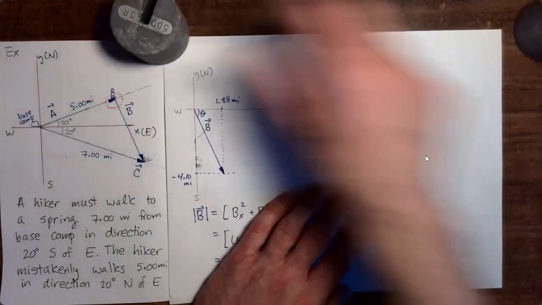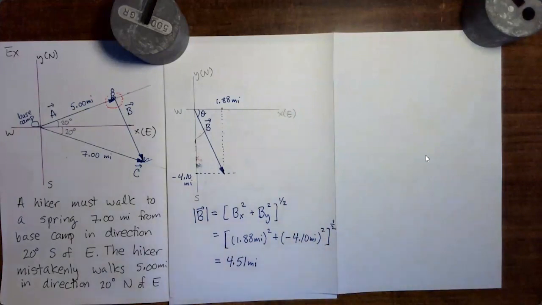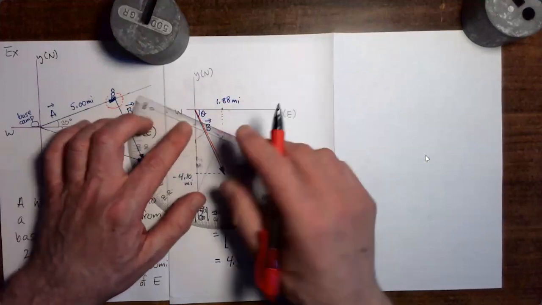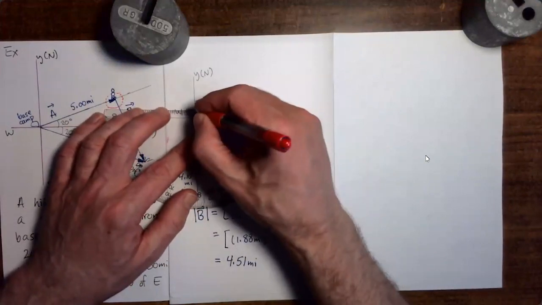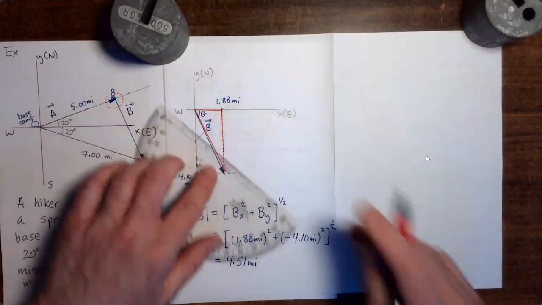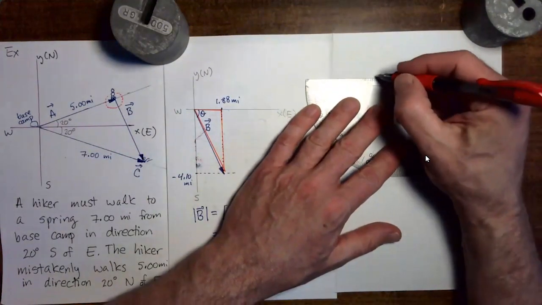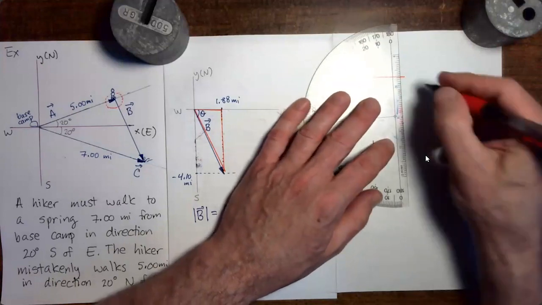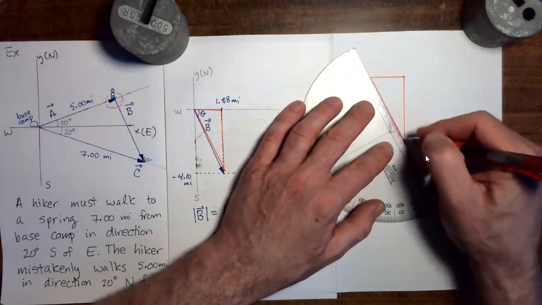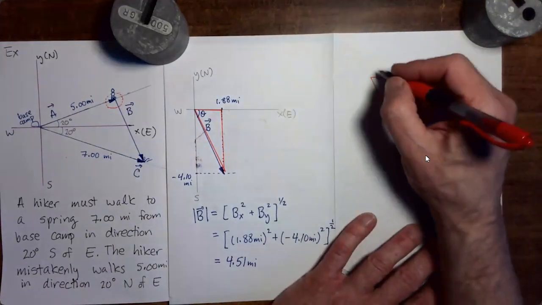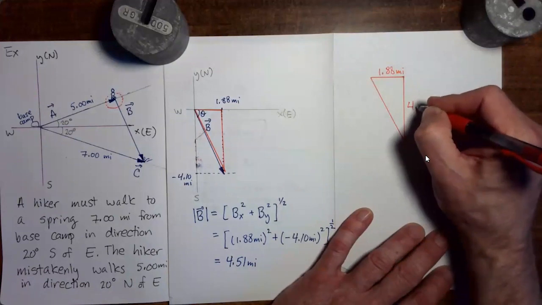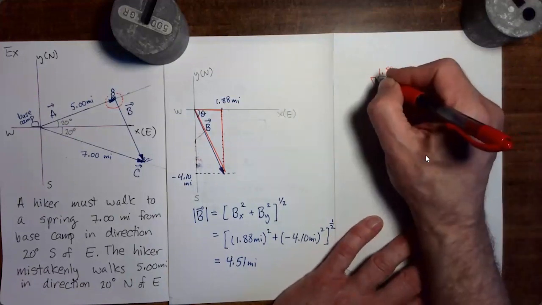So as I've done in some previous calculations, I like to sidestep that issue by drawing in a geometric triangle where the hypotenuse of the triangle coincides with vector B. So now if I just take that geometric triangle and copy it off to the side, and a geometric triangle will always have positive lengths for its sides. So the length of this side here would be 1.88 miles. The length of this side would be 4.10 miles. Then we have the angle theta in here.